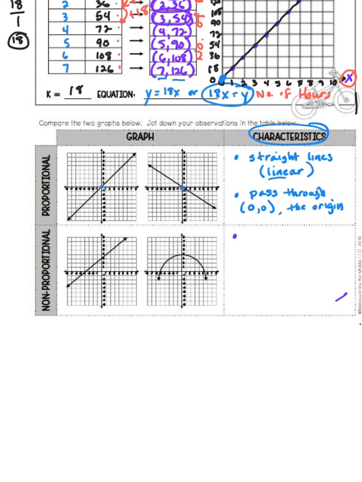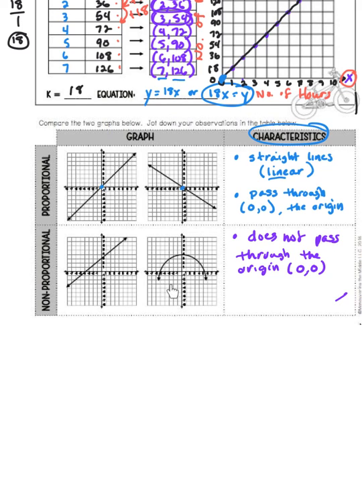So let's write that down. Does not pass through the origin. And we'll name that point, just so you're sure, as 0, 0. That's the origin, the ordered pair that we're looking for.